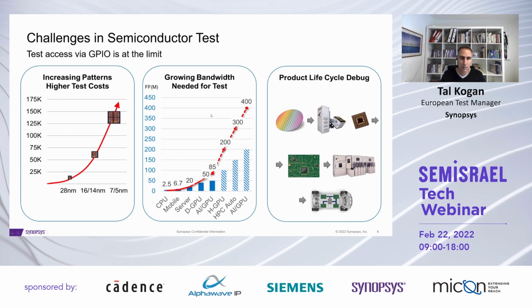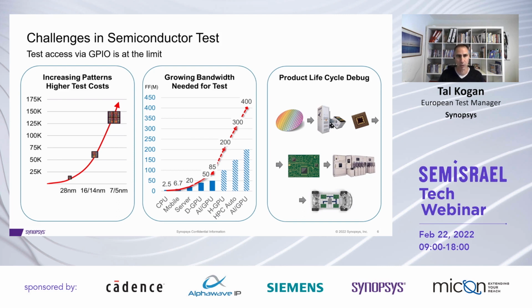Typical flop count in millions keeps growing according to the different usages of the SoCs. And then there is the demand for product lifecycle debug, whether it's in automotive use cases or, let's say, in cloud use cases for servers. Again, this is a big challenge for us.